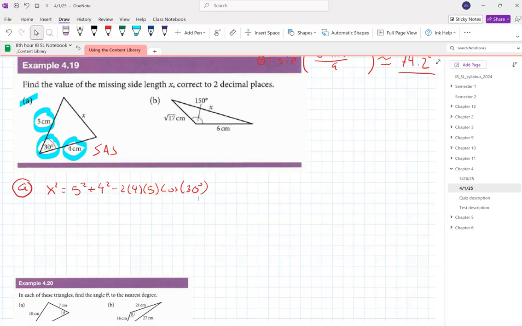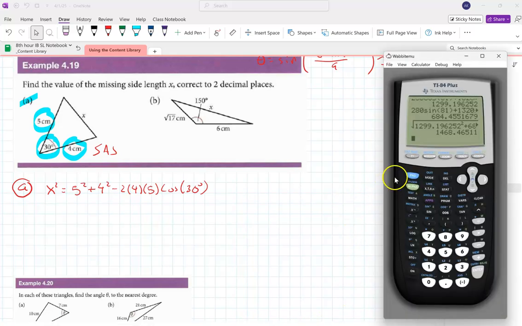So far, so good. All right, I'm just going to type this into the calculator. I'm actually going to solve for x at the same time. So I'll do square root of 5 squared plus 4 squared minus 2 times 4 times 5 times cosine 30. So 2.52.